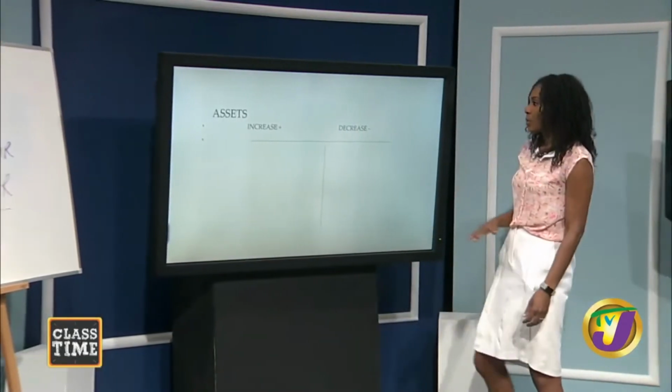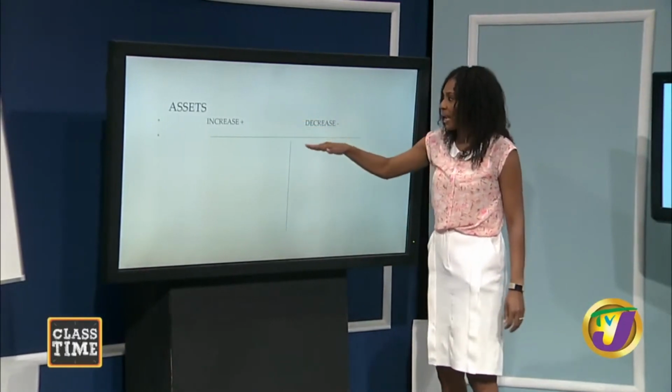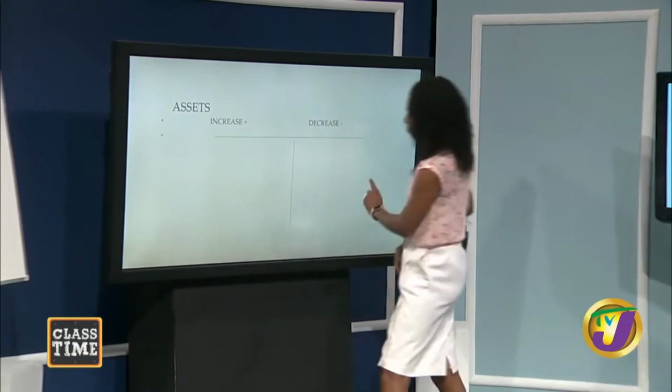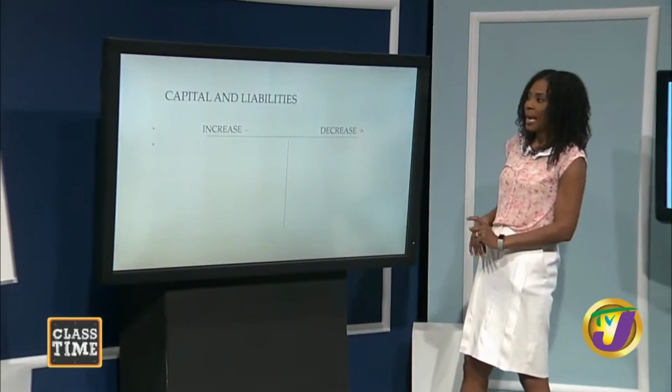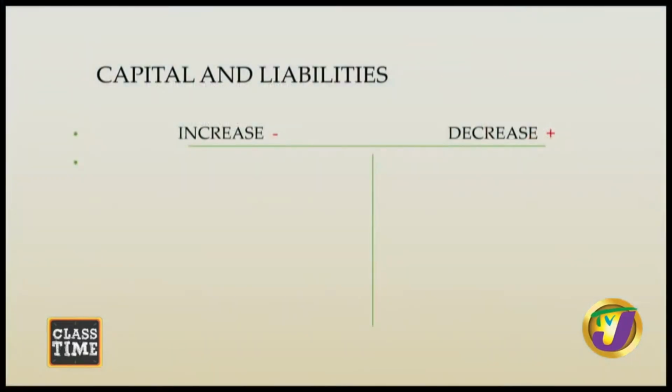So here's a T account for assets. Just to reinforce, the increasing side for asset is the debit, the decreasing side is the credit. For capital and liabilities, it's opposite. Increasing side, of course, is the credit.